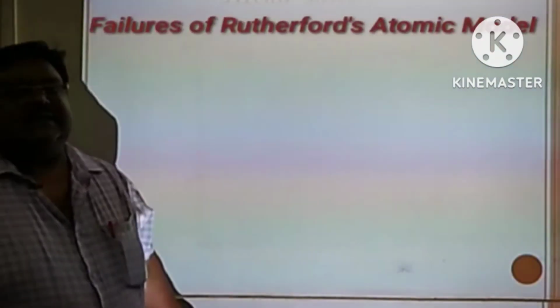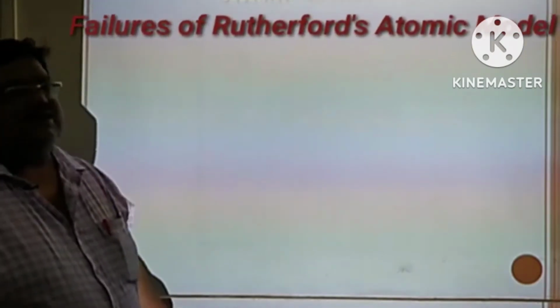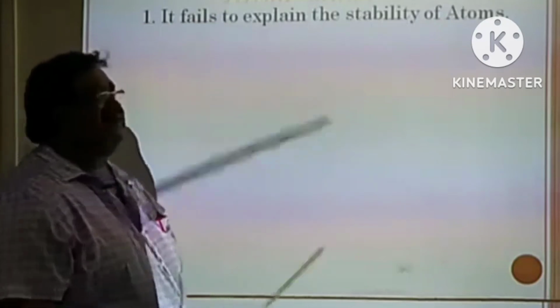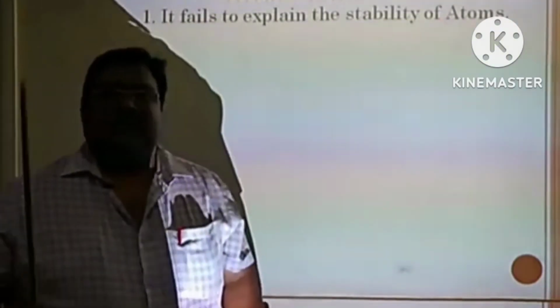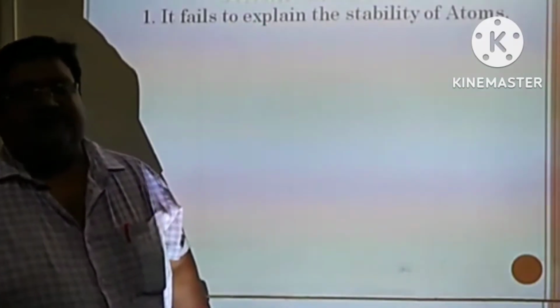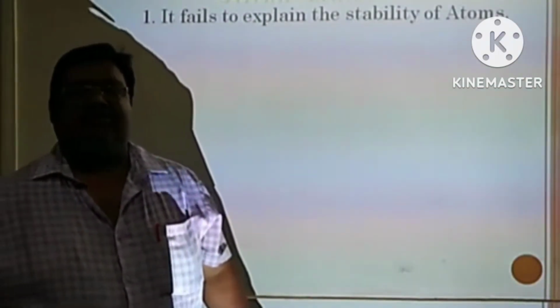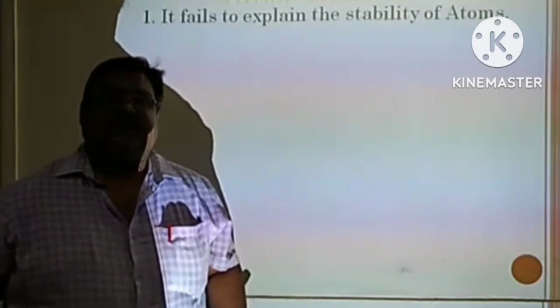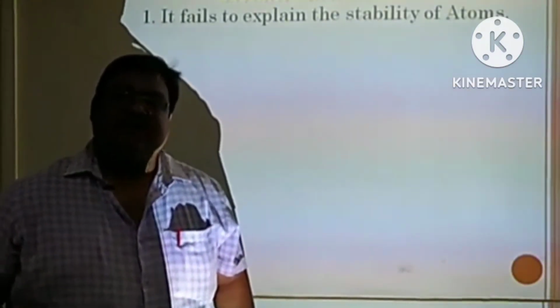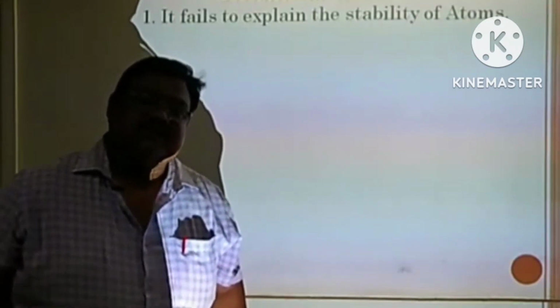But there are certain failures of Rutherford's atomic model. First one is, it fails to explain the stability of atoms. According to Clerk Maxwell's theory of electrodynamics, whenever a charged particle revolves around another charged particle, the revolving charged particle continuously emits energy.